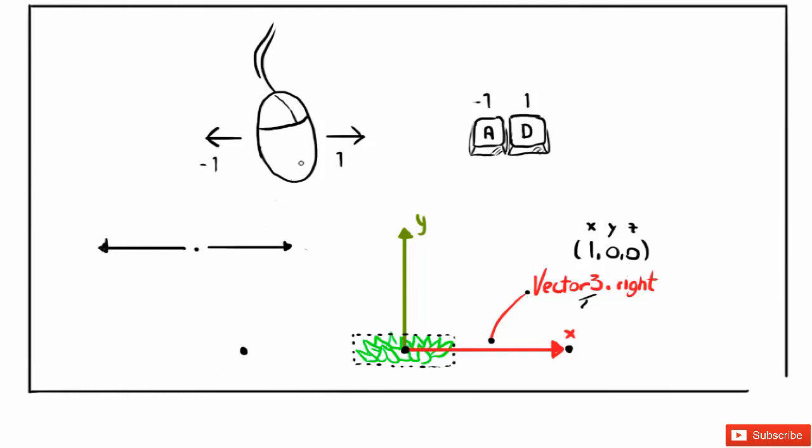So depending on the input, the direction of my movement is going to change. And I pointed out here that moving the mouse to the left is going to cause a -1. Moving to the right is going to cause a 1. So this is for the direction of the movement. The same happens for the A and D keyboard keys.